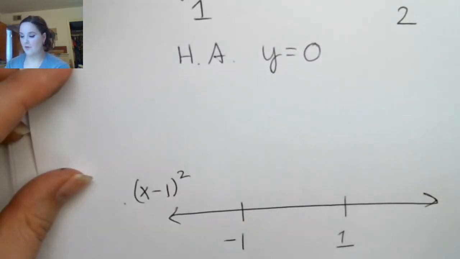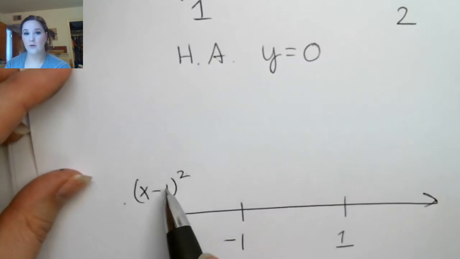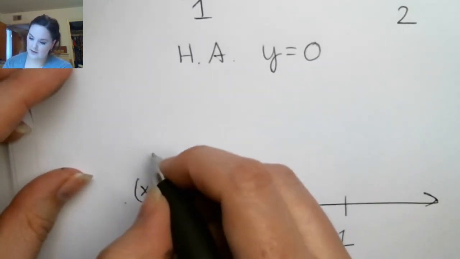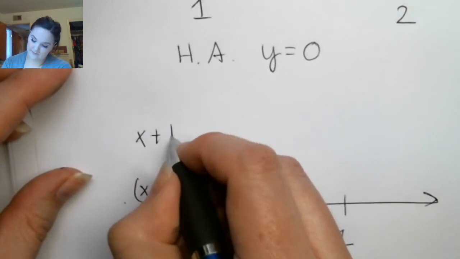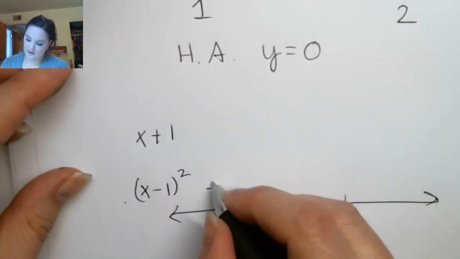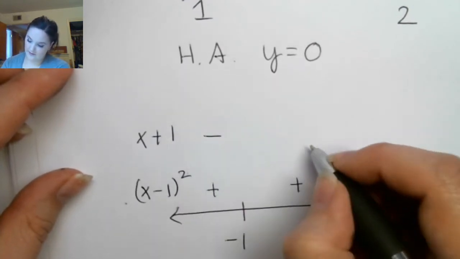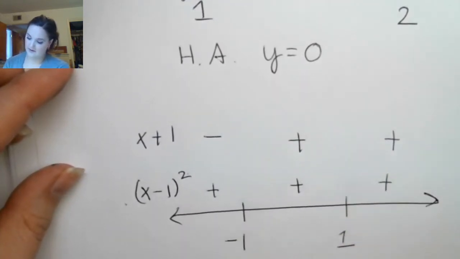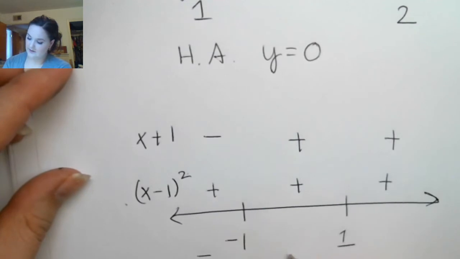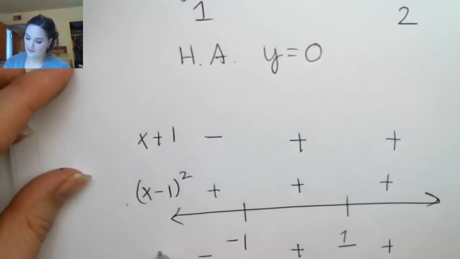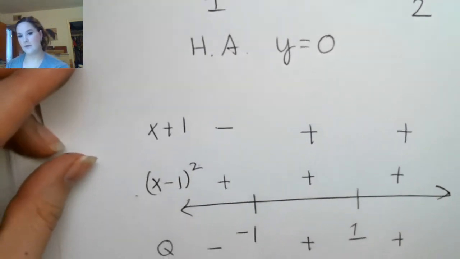Remember from before, you can either have it squared or you can list x minus 1 twice. So x minus 1 squared is always positive, and x plus 1 is going to be minus plus plus. So this is going to be minus positive positive for my quotient. Okay, and let's look at our graph.